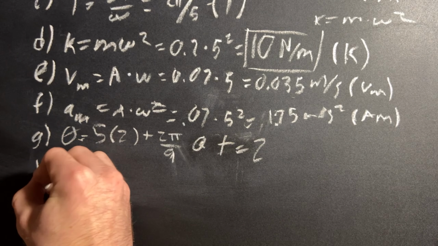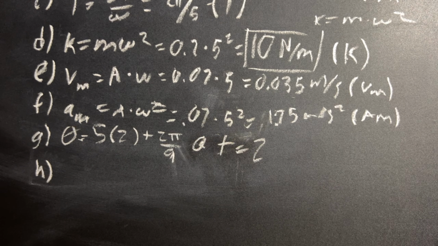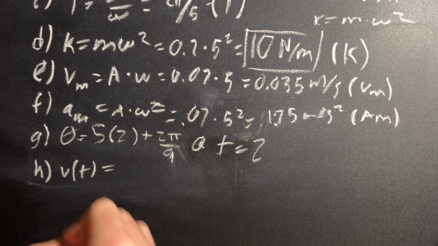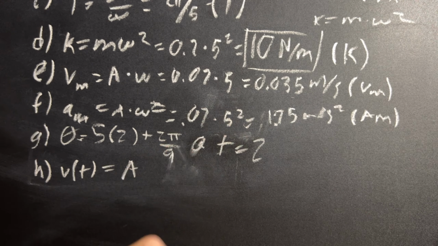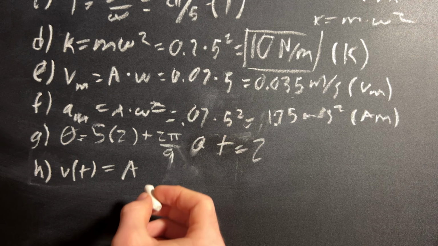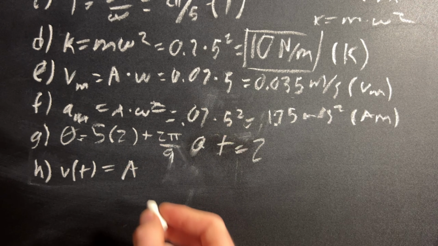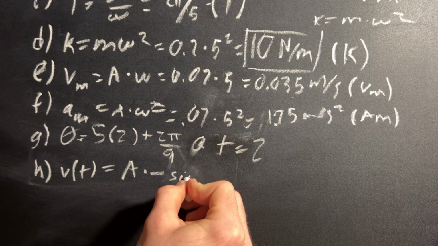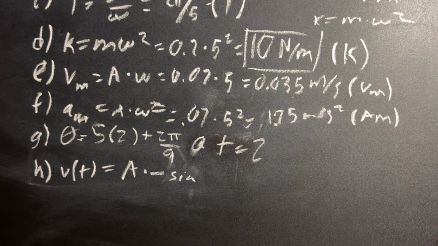So, for h, A is a constant, so to get v of t, A sits out front because it's a constant, and then you want to take the derivative of cosine, which is negative sine, and you don't do anything with the inner function, you just rewrite it.